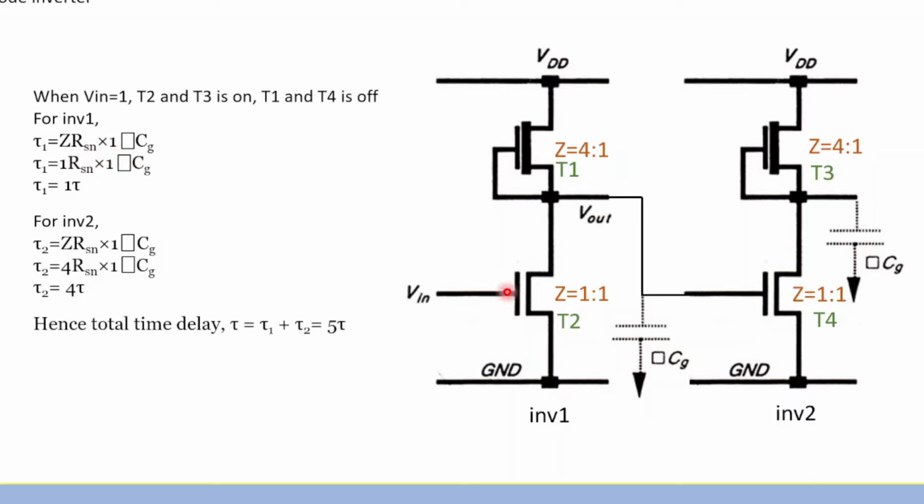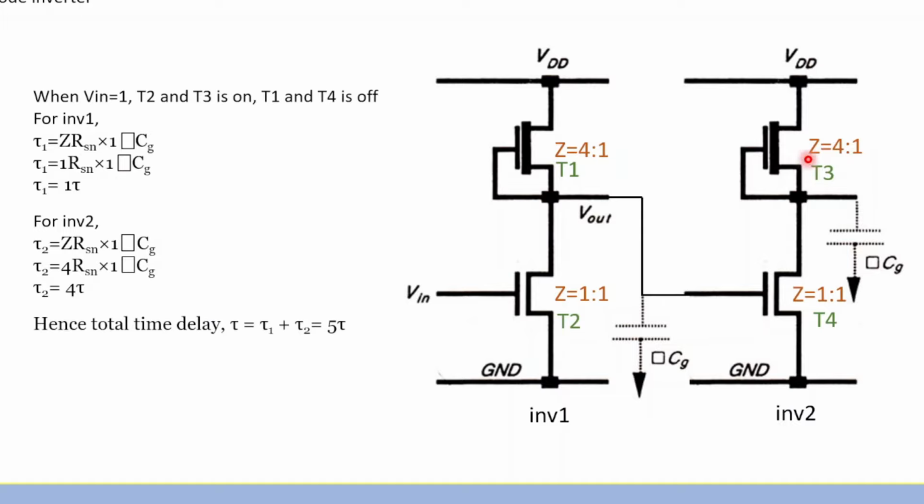As transistor 2 is on for inverter 1, the Z value will come from this transistor, that is 1. So tau 1 is 1 RSN multiplied by 1 square Cg, where RSN is the seed resistance for the n-channel transistor and square Cg is the standard unit of capacitance. As you know, 1 RSN multiplied by 1 square Cg results in 1 tau, so tau 1 becomes 1 tau.